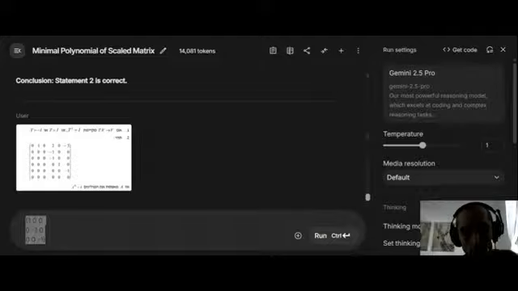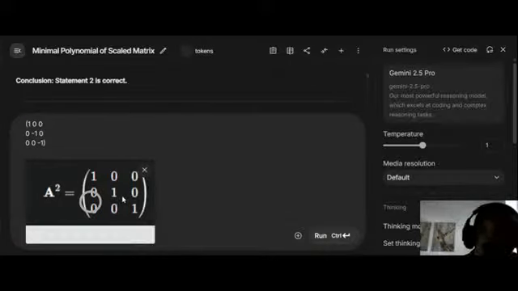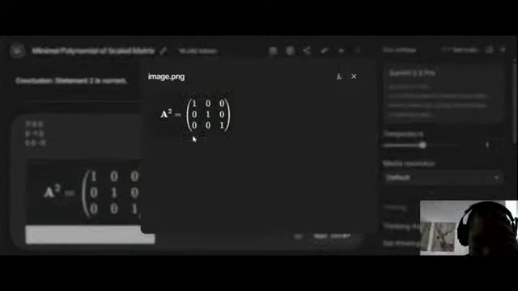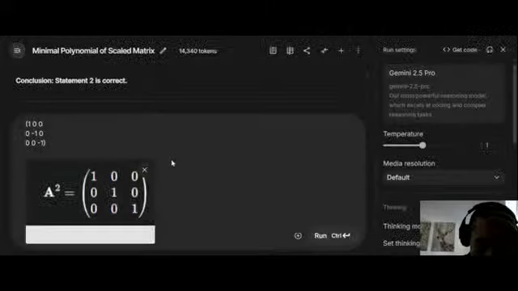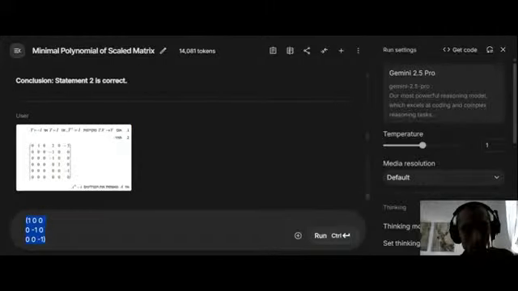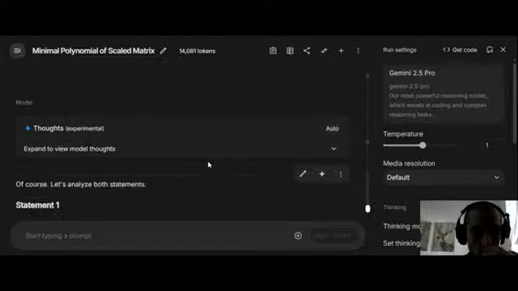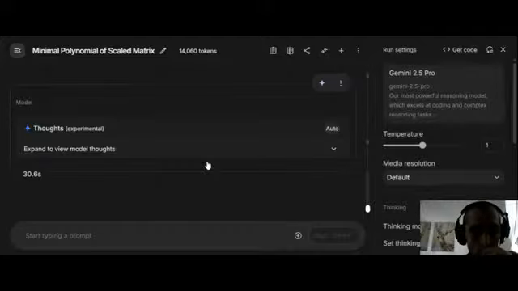Because, of course, a diagonal matrix taken to a power is taken to the power of its diagonal entries. So we get the identity diagonal matrix. Very nice solution.